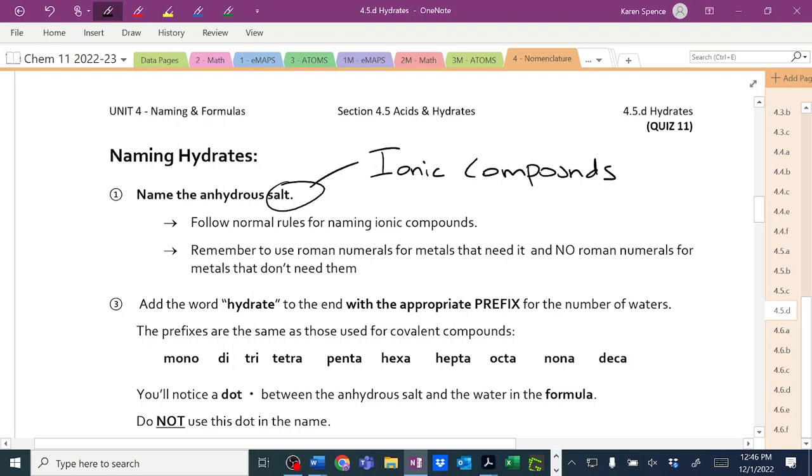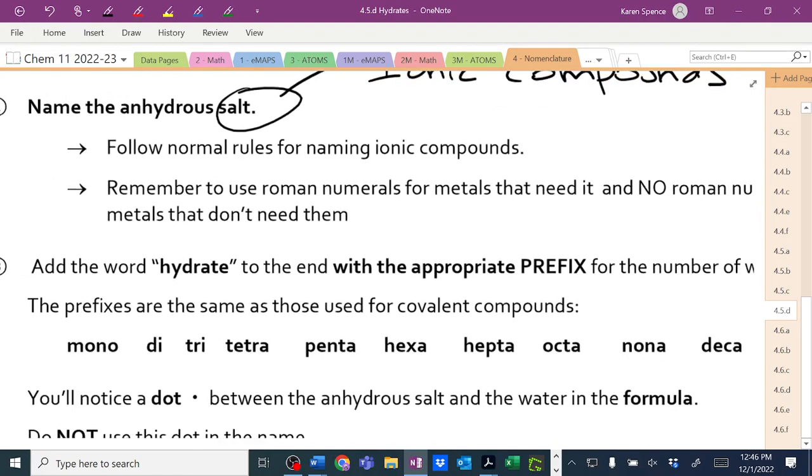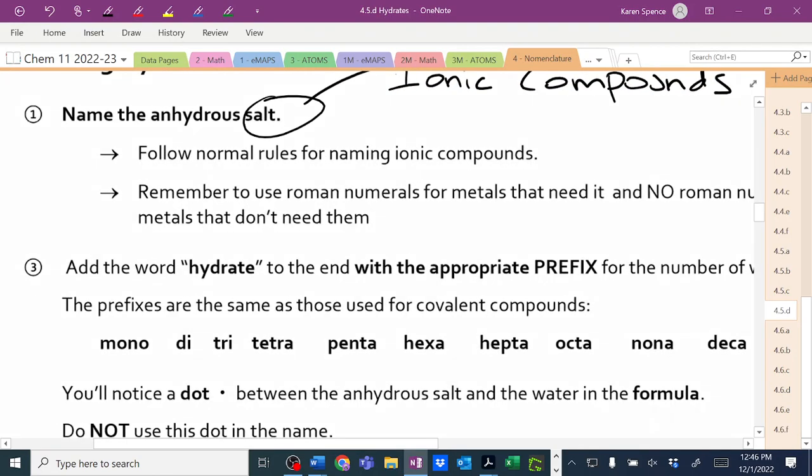The only thing that's different is you have to add the word hydrate to the name. And not hydride, hydrate. Okay? And not only the word hydrate, but we also need to use the appropriate prefix, which just so happen to be the exact same prefixes that you use with covalent compounds.